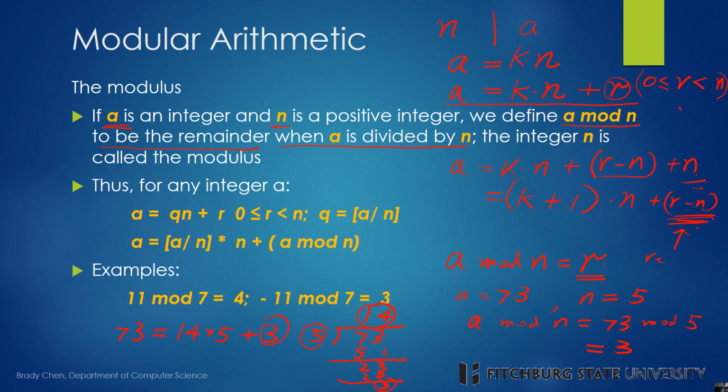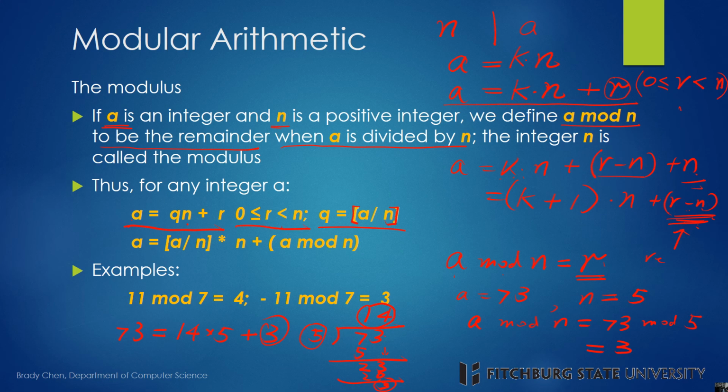In general, for any a, if we divide a by n, we can write a as q times n plus r for some q. Now q is the division of a by n, but we keep the integer part and get rid of the fractional part. And r is called the remainder, which is less than n.